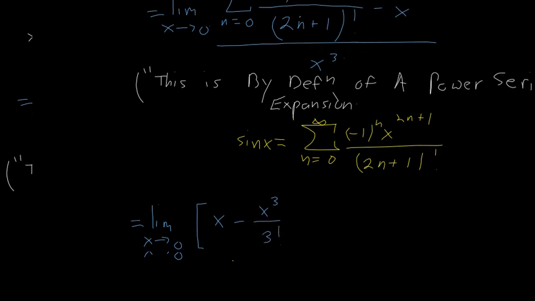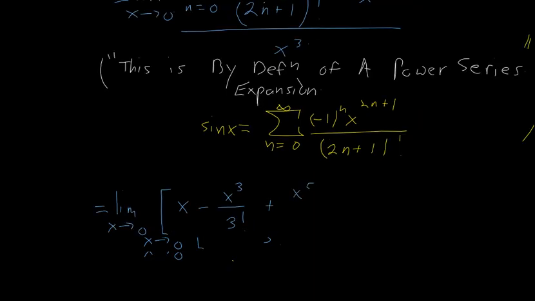The next one should be, want to guess the next one? Try it yourself, and I'll put it in. Now we're looking at n equals 2, so substitute it into the summation above. It should be something interesting. Plus x to the 5 over 5 factorial.